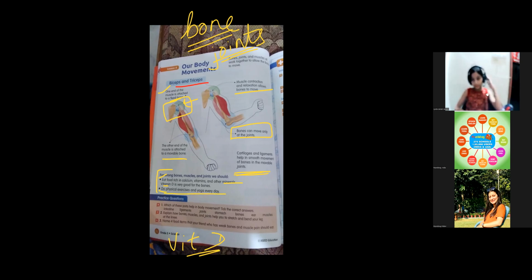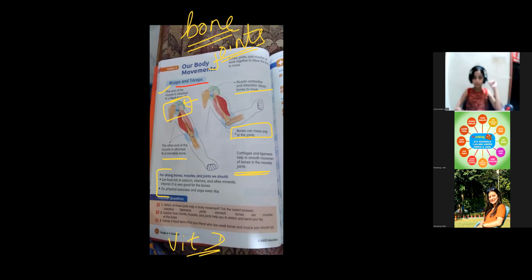We should do physical exercises and yoga every day. We also discussed yesterday how much physical exercise is necessary for us. Now if it is asked what we should do for strong bones, muscles and joints, we should eat healthy food which is rich in all the nutrients: calcium, vitamins, carbohydrates.